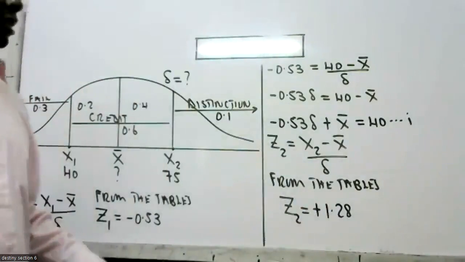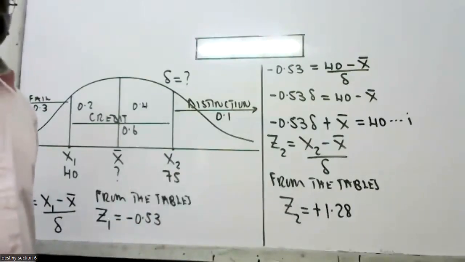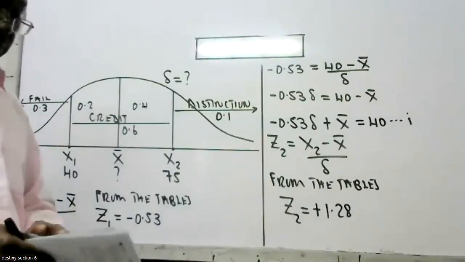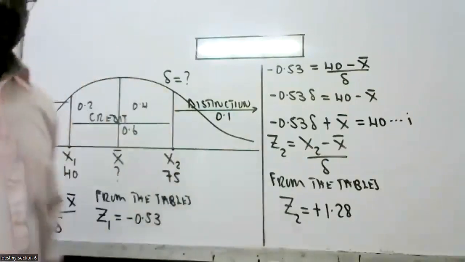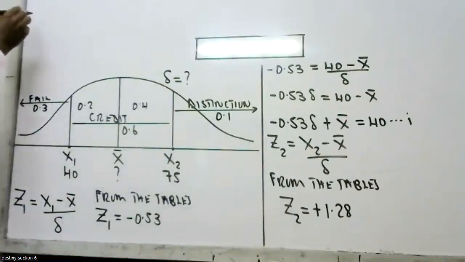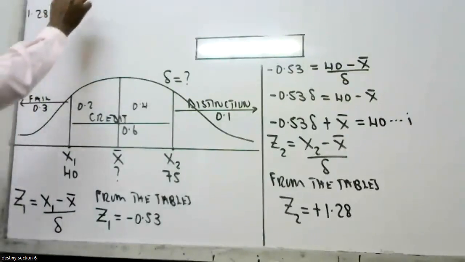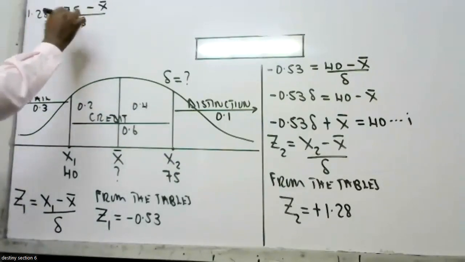It's positive because this x2 is on the upper side. So I'm going to rub here instead of moving my camera. So this one, then going to say 1.28. 1.28 is equals to x2, which is 75, minus x bar, which I do not know, you divide by standard deviation.